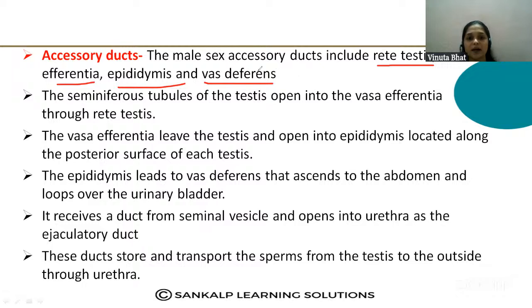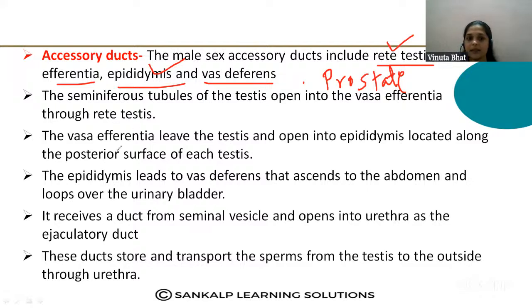One MCQ has been asked on this topic: which of the following is not included in the male sex accessory ducts? They gave rete testis, vasa efferentia, epididymis, and one more option, prostate gland. Accessory ducts and accessory glands are different. So remember these 4 important structures: rete testis, vasa efferentia, epididymis, and vas deferens.